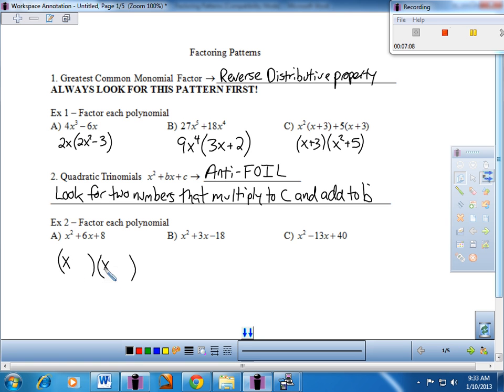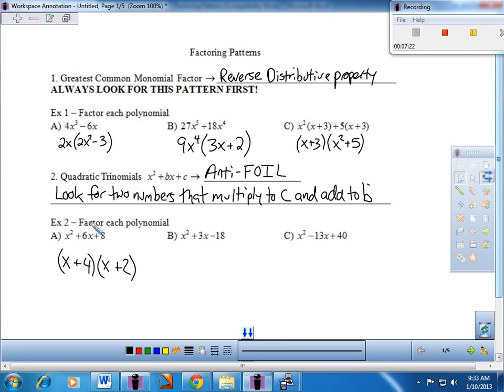And then this is where I wrote in that blank, I'm looking for 2 numbers that multiply to 8 and add to 6. And so I'm hoping everybody would realize that would be a positive 4 and a positive 2. And that's what would go on the back end. And now, of course, if I foiled first, outside, inside, and last, should get this right up here. Good?